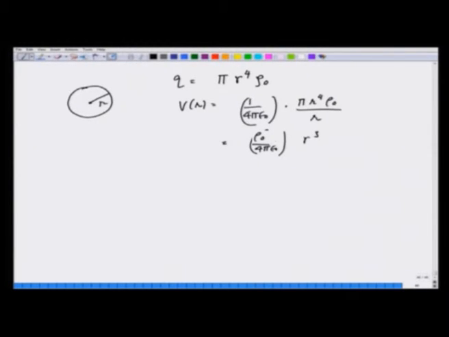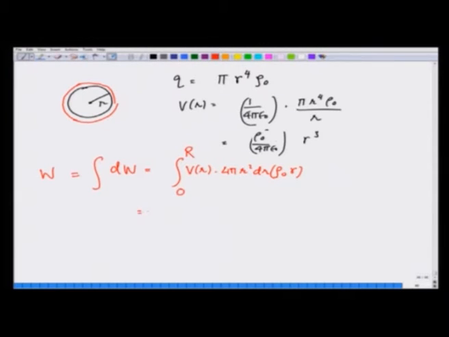Now, if I bring in that shell of thickness dr, the work done, let us call it dW, is going to be equal to the potential V r times 4 pi r squared dr, which is the volume, times rho 0 r, that is the density. And if I integrate this from 0 to capital R, I will get the total work done.